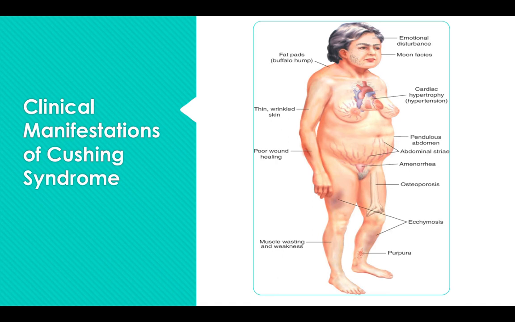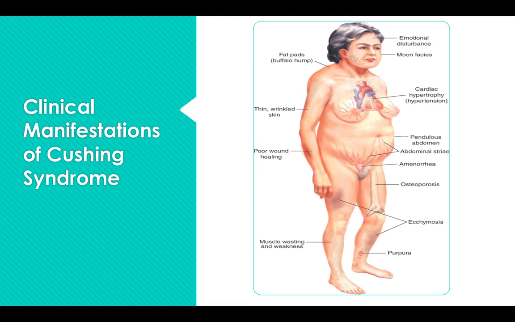It is primarily a disease of the adrenal cortex. Secondarily, a hyperfunctioning of the anterior pituitary gland. And tertiary, a hypothalamus dysfunction or injury.